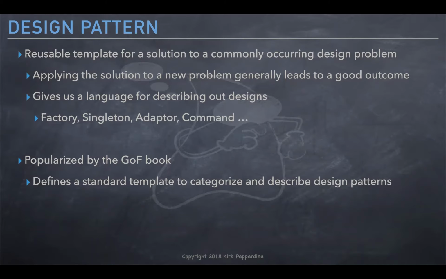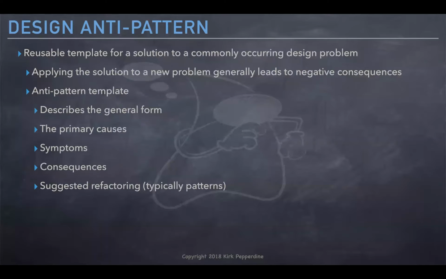If we're going to have a pattern, of course, why would we not have the anti-pattern? Just as the pattern gives us a solution that leads to a good result, the design anti-pattern is a template for a solution for a commonly occurring problem.